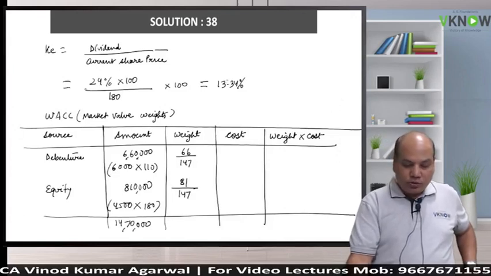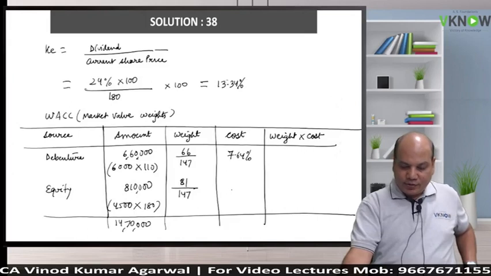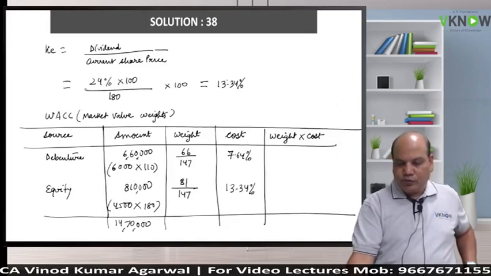How much is cost of debenture we have computed? 7.64%. And what is this? 13.34%.